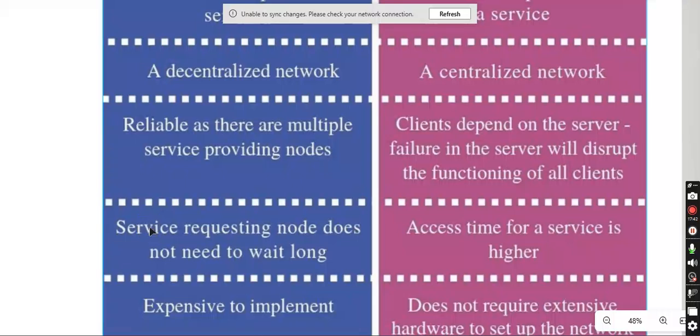Now, the service requesting node does not need to wait long. If I call someone, there is no central server between us, so the call soon reaches the receiver, and he picks up the call. But for client server, the access time for a service is higher.